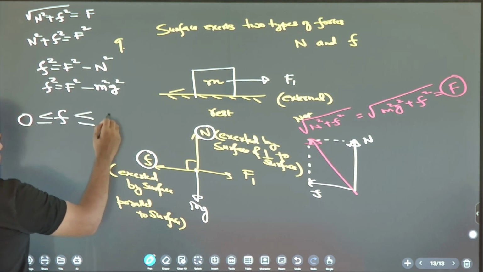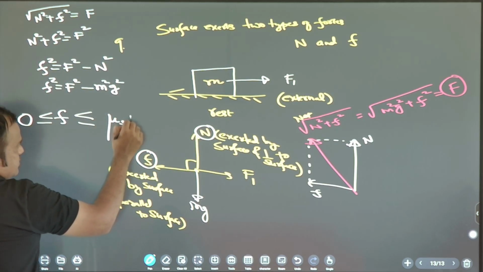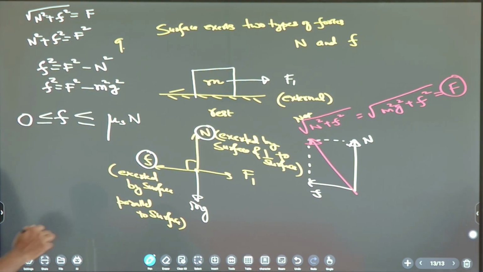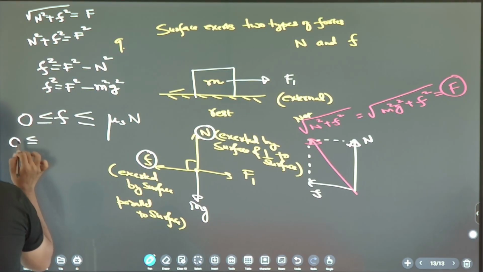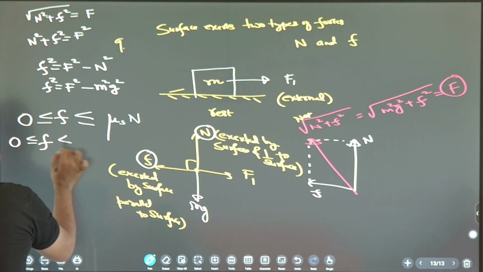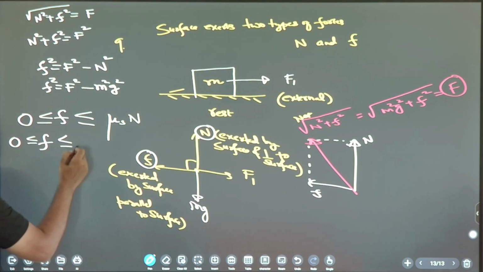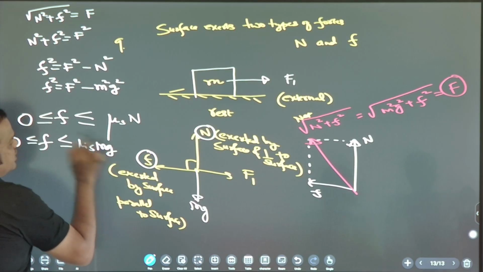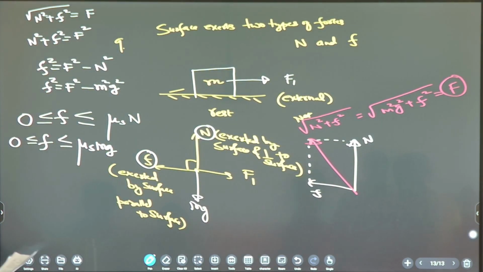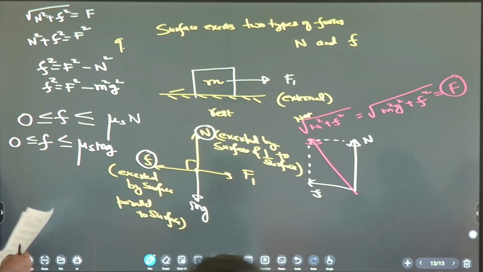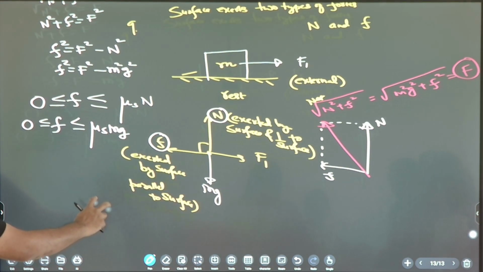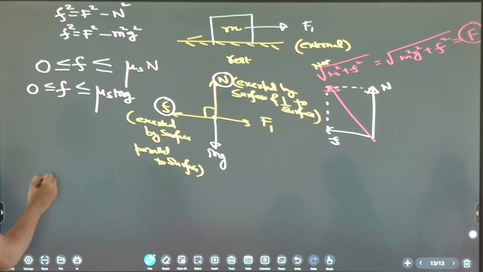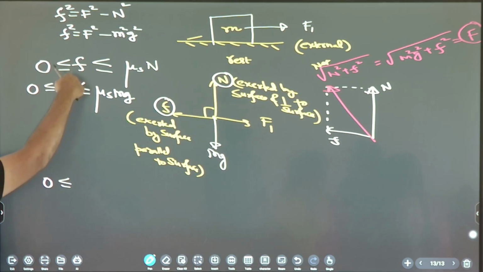Maximum value mu s n, correct? And n is mg. So f lies between 0 and mu s mg.